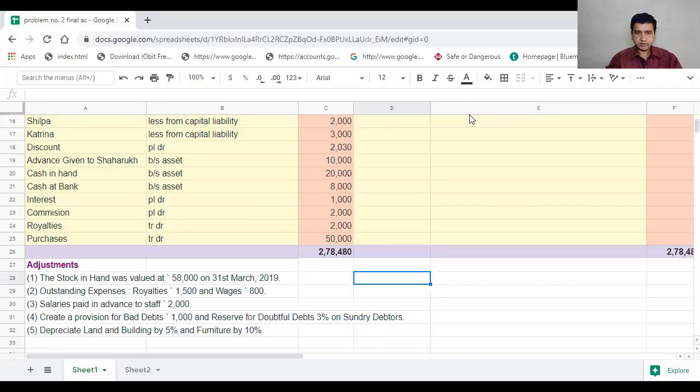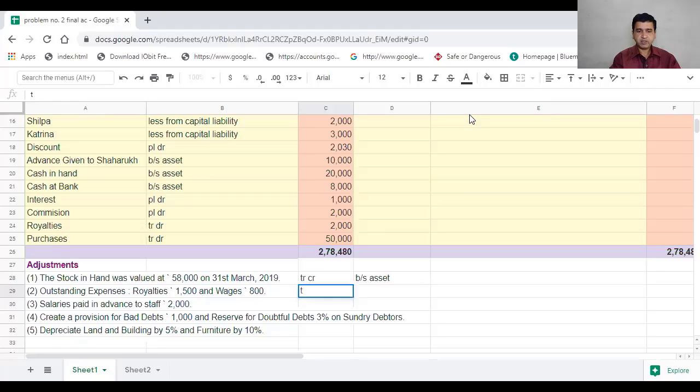Here is the first adjustment. Stock in hand was valued 58,000 on 31st March 2019. So this is a closing stock. First effect, trading credit. Second effect, balance sheet asset. Now, outstanding royalties rupees 1,500 and wages rupees 800.